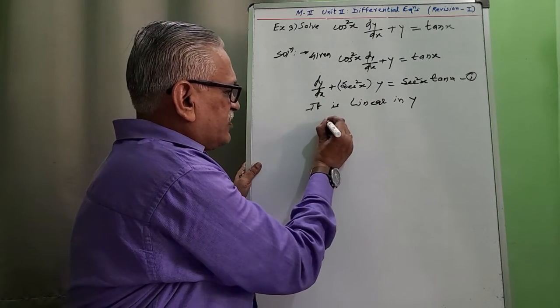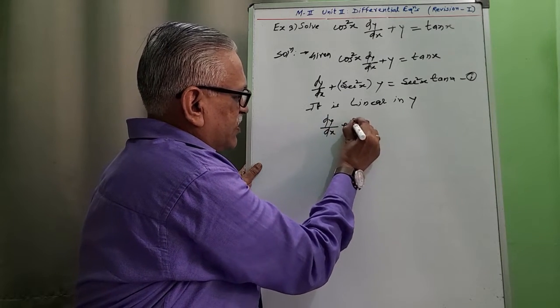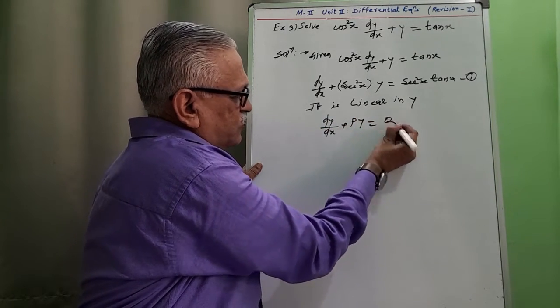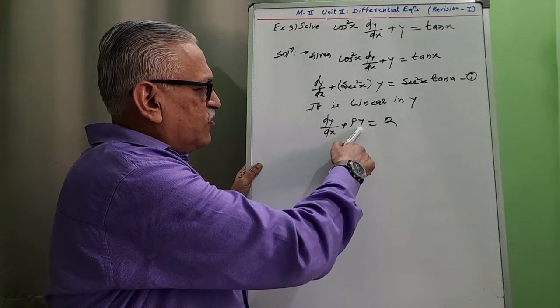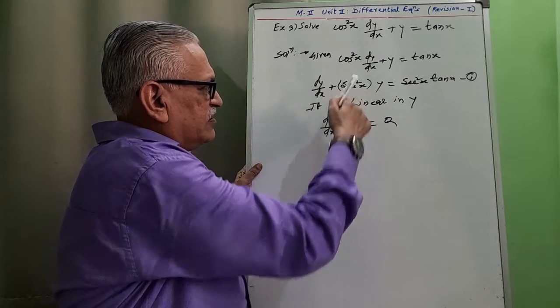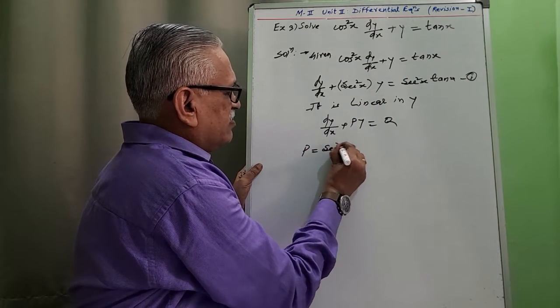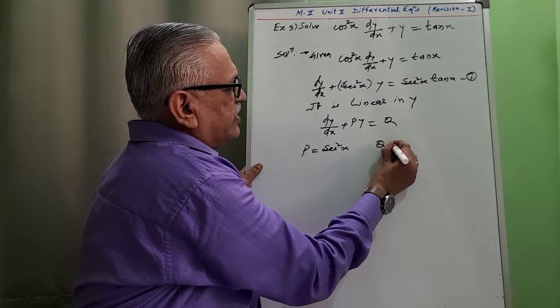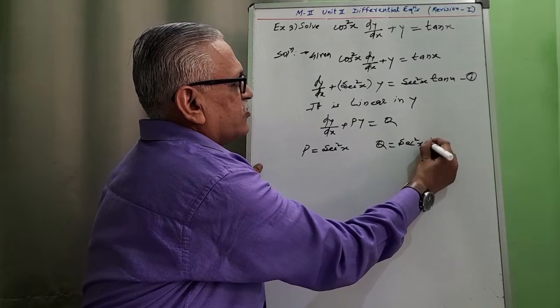And then comparing it with the general form, dy by dx plus py equals q. The coefficient of y is p, here that p is secant square x, and q, the right hand side term, is secant square x into tan x.